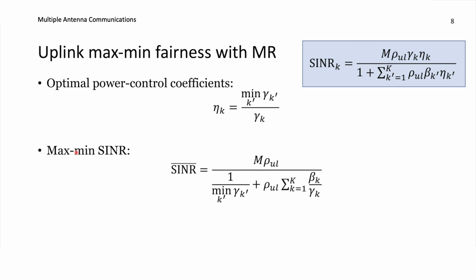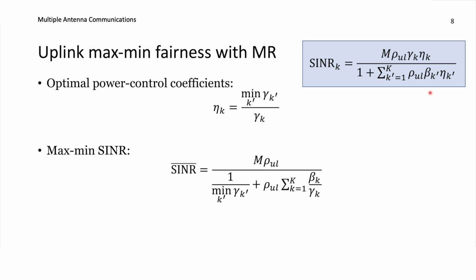Everyone gets a SINR bar value, where we have M times rho uplink still here, and then from this expression, if we put it in here, the gamma k's cancel each other out. We have a minimum of the gammas, and I've now divided with it everywhere, so we have 1 divided by that expression here, where we before just had the 1. I've just changed this summation from k prime to k, so that this k prime here won't be confused with this k prime.